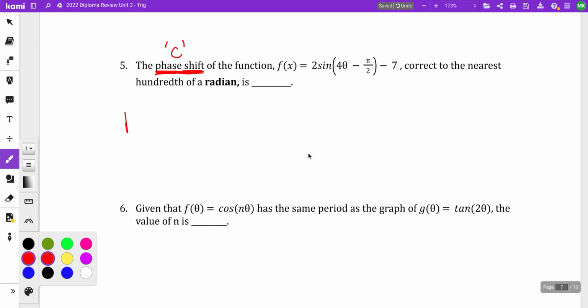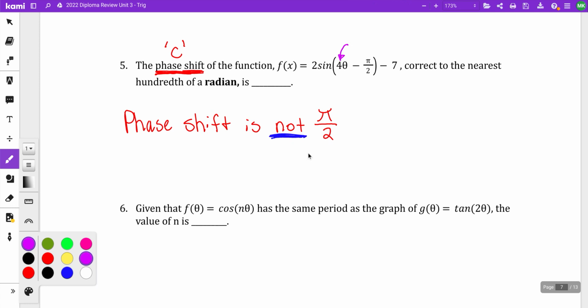The phase shift is not pi over 2. Why is it not pi over 2, even though that so badly looks like the C value? Because there's no x's. It's because of this 4.